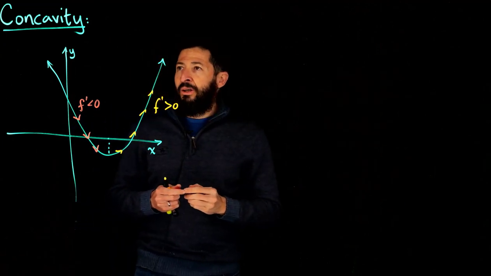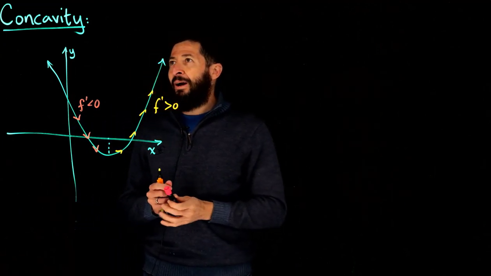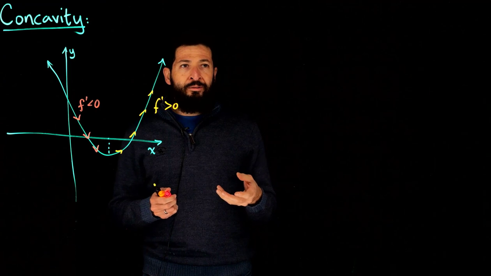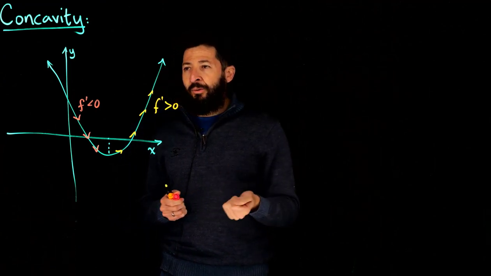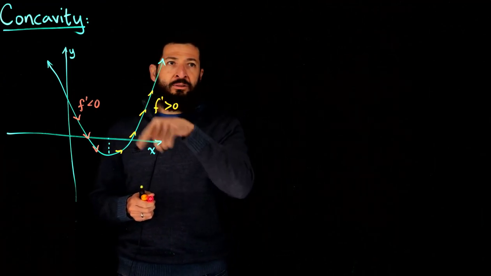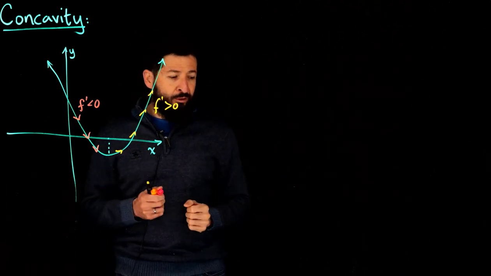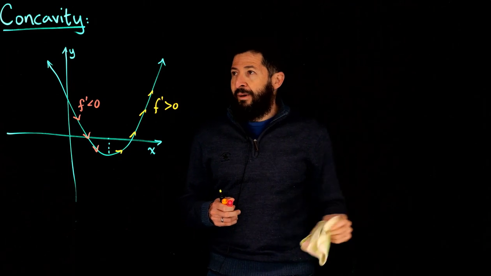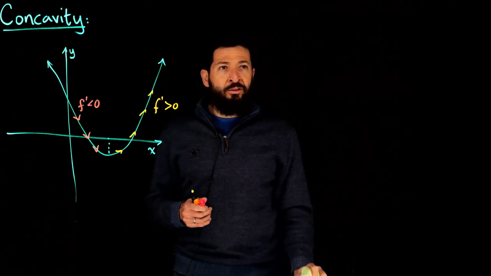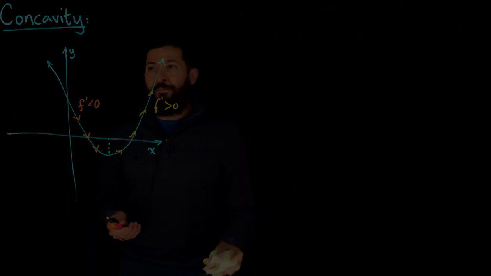So now we're going to think about what happens when the second derivative is positive and when the second derivative is negative. So let me redraw this. I'm going to take a look at a function that has both behaviors together so we can describe it. And then once we have that, we will introduce our official definition for it.